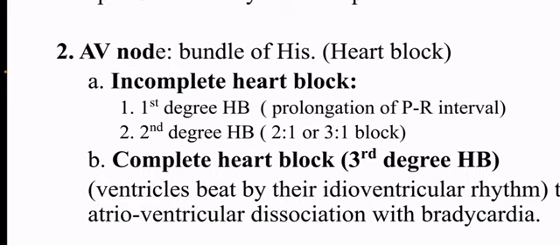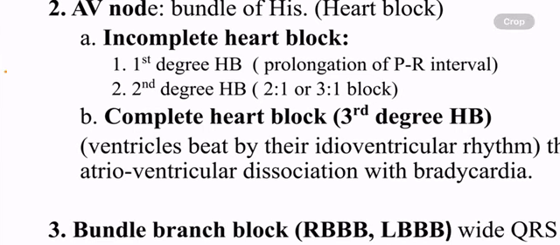In the second degree, there could be a 2-to-1 or 3-to-1 block, meaning 2 atrial contractions and 1 ventricular contraction, or 3 atrial contractions while 1 ventricular contraction. So not all the electrical activity from the atria reaches the ventricle.